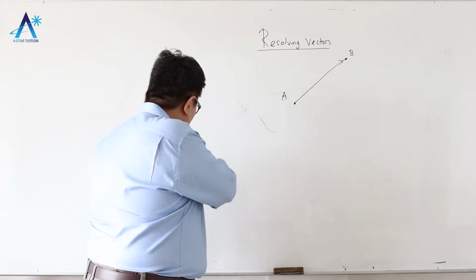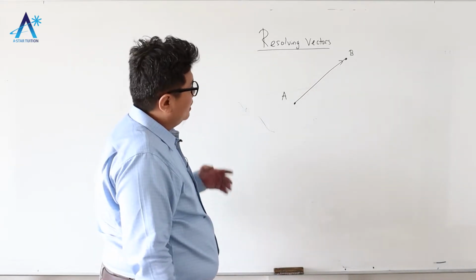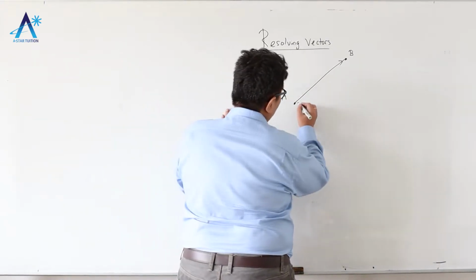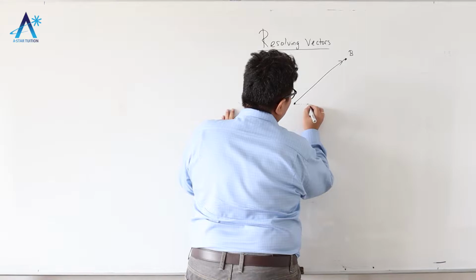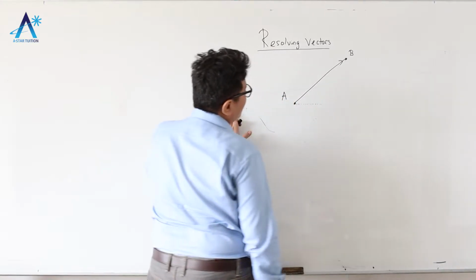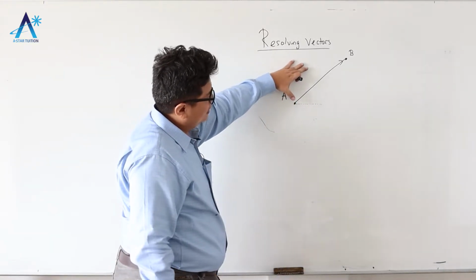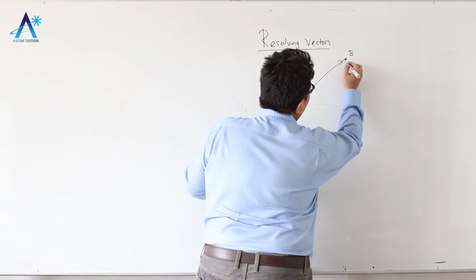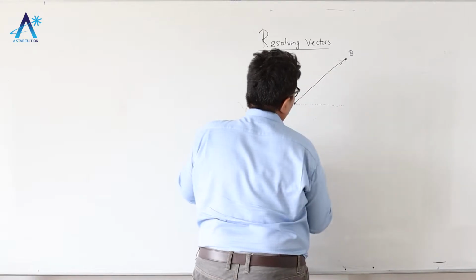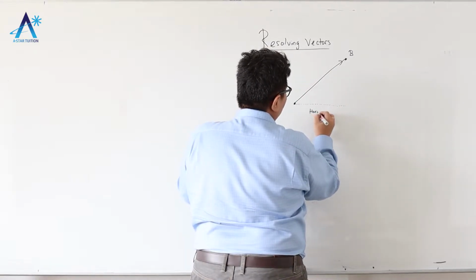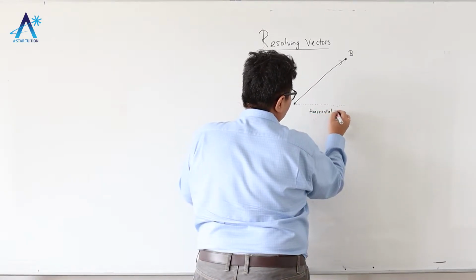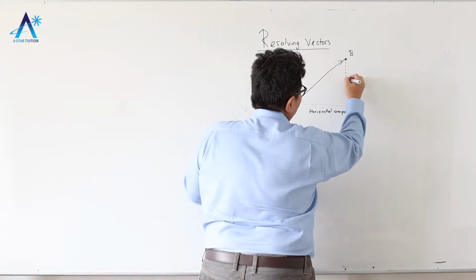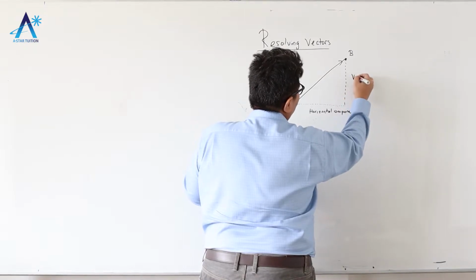So you can resolve the displacement AB by doing a projection of this line with respect to the horizontal, and this is what you get. This is the horizontal component. Now from here to B, this is the vertical component.